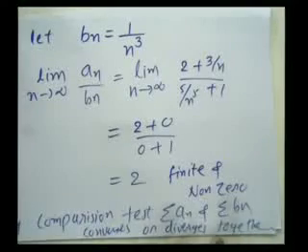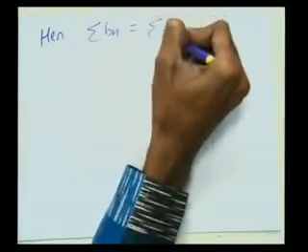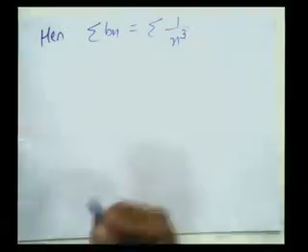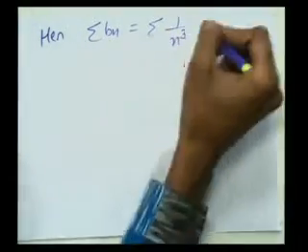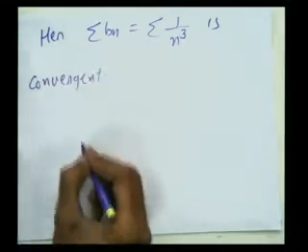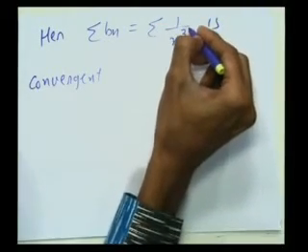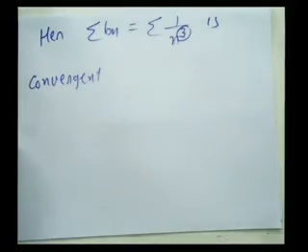So this method says that both are convergent or both are divergent, and from the bn we can say that sigma bn is equal to sigma 1 upon n cube. This is convergent, right? Why convergent? Because this is the P series test, 1 upon n raised to P. This is our P and P is equal to 3.